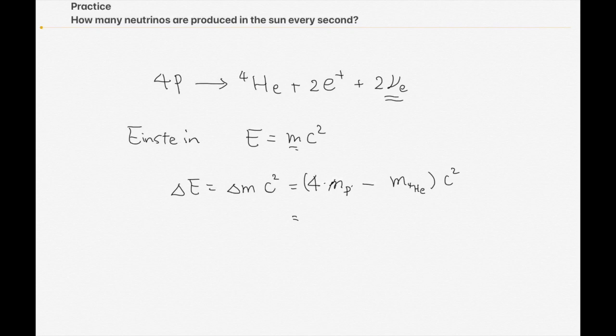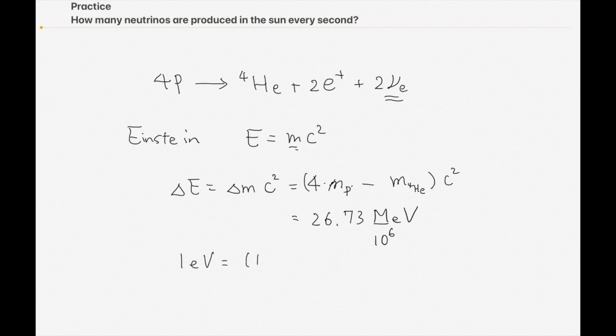And then you can find that it is 26.73 mega electron volts. Mega means 10 to the 6. One electron volt is the charge of the electron times 1 volt.